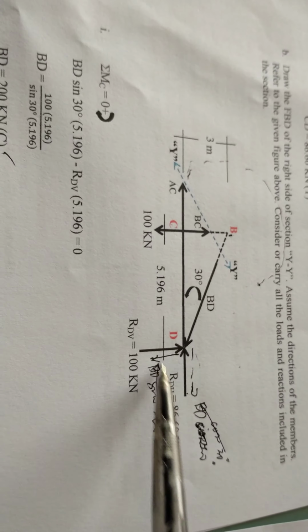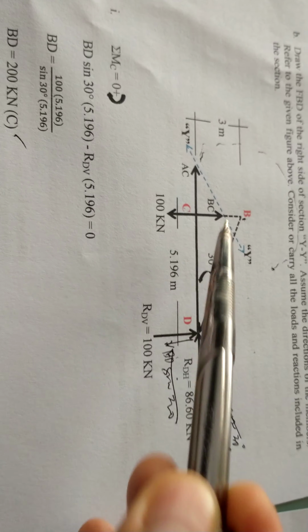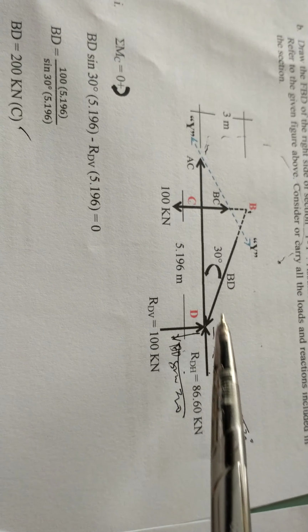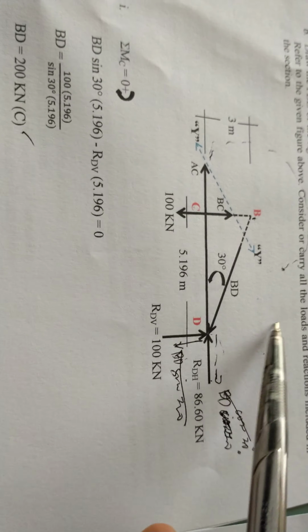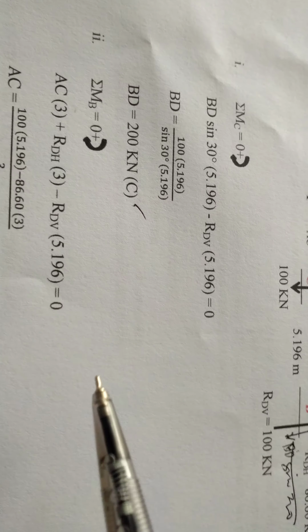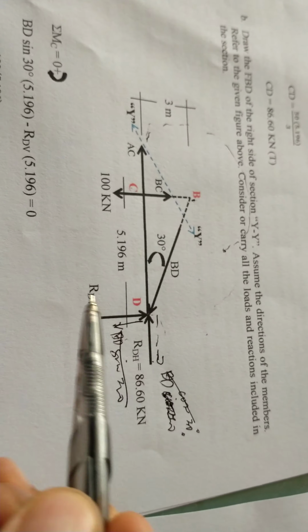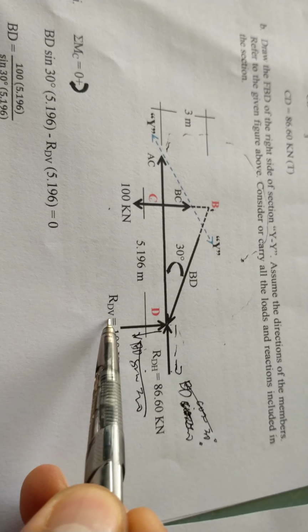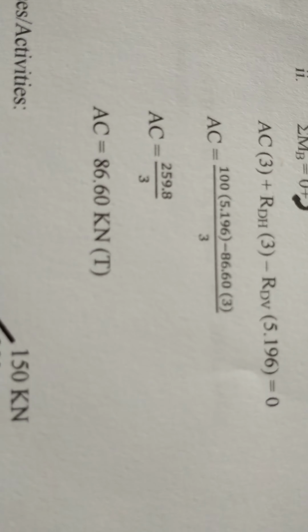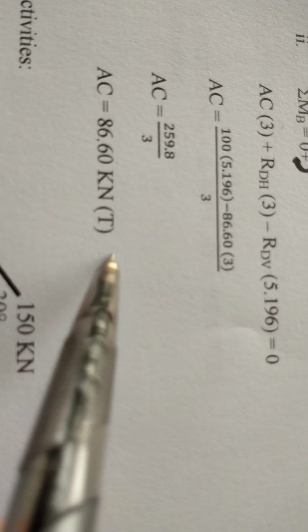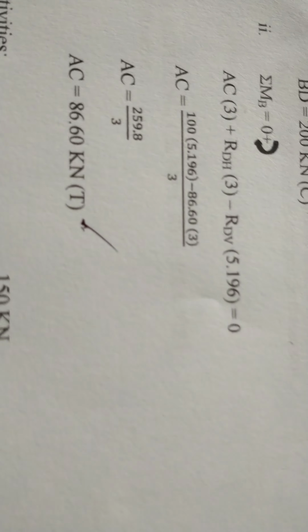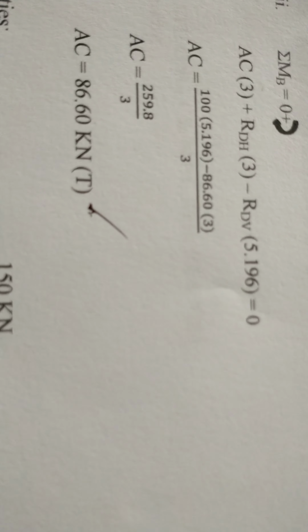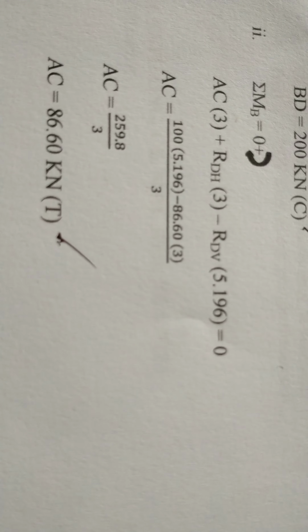RDH minus RDV, because this is our reference point and the effect of RDV is counterclockwise. So we have a negative RDV, and the moment arm is 5.196 meters. Simplifying further, AC is 86.6 kilonewtons, and it is in tension.